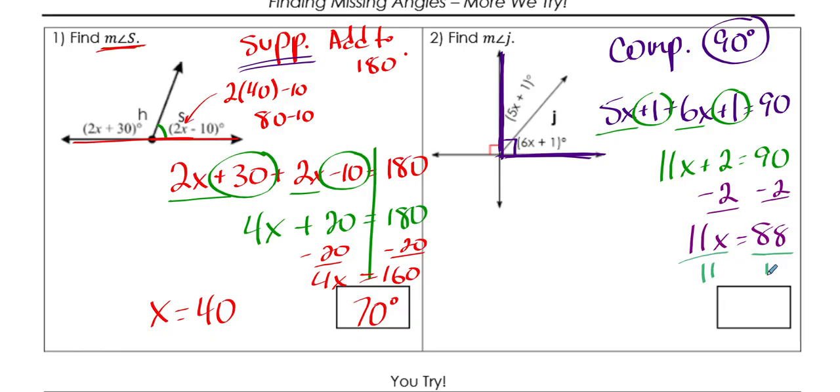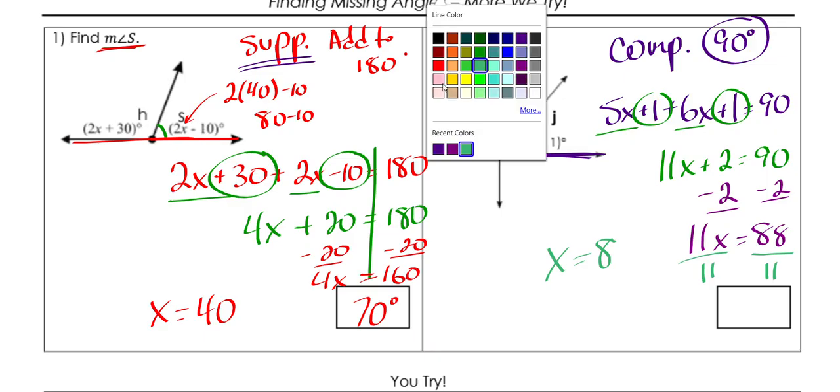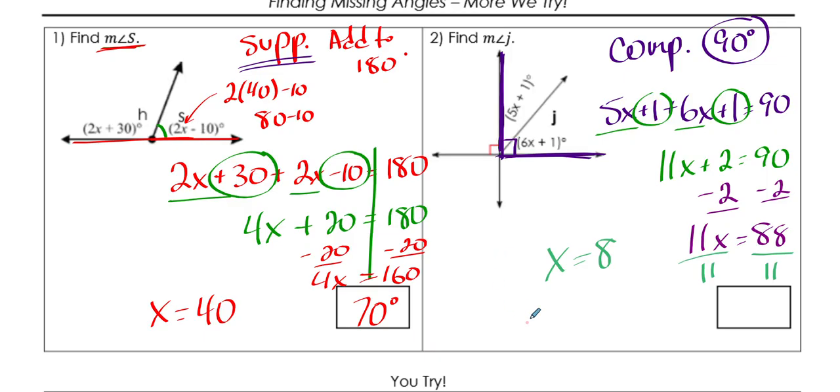Divide by 11, x is 8. I'm looking for angle J, so I'm going to take that x value and substitute it back in. In place of that x, I'm putting the number 8. That's 48 plus 1. Oops, I already did it. Sorry. 48 plus 1 is 49.